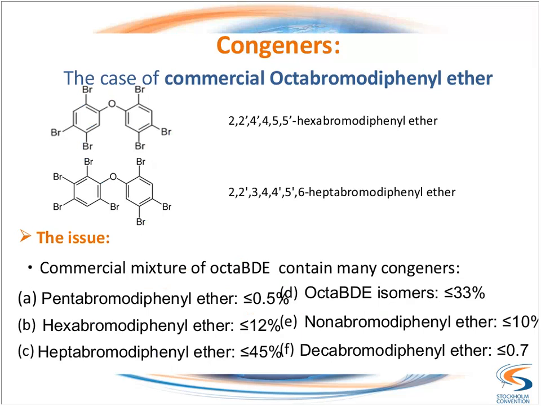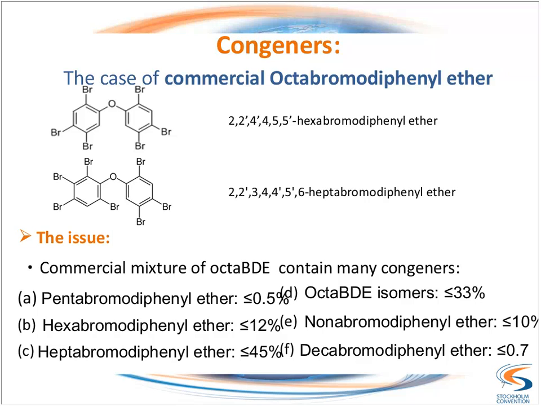It was a mixture of penta, hexa, hepta, octa, nona, and decabromodiphenyl ether. Most was hepta and octa, 45% heptabromodiphenyl ether, 33% octa. And so the story was the same, and you had a mixture of congeners.